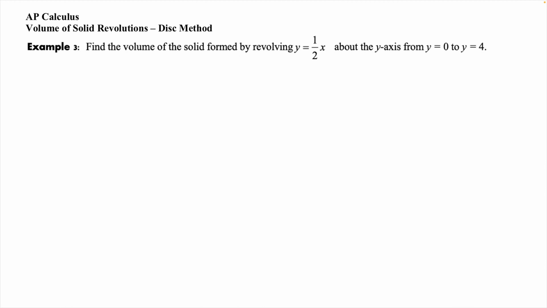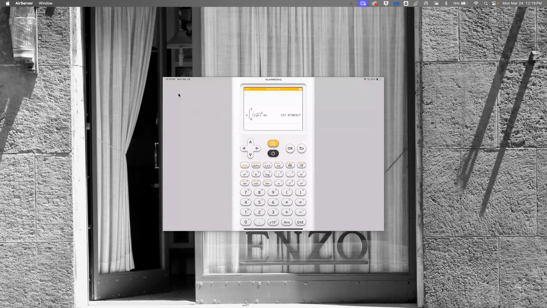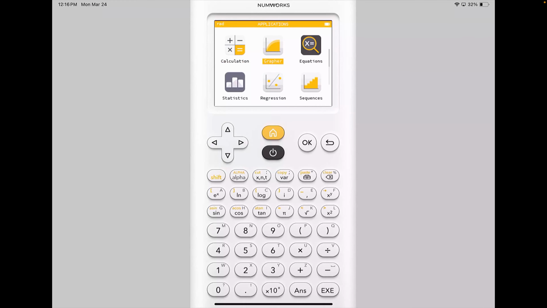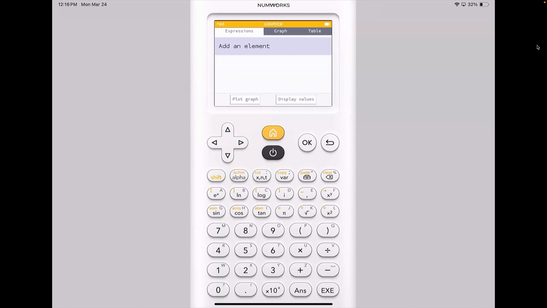You're not going to know which one's top, which one's bottom unless you actually graph it. So draw that picture once you get it, and then we'll go from there.